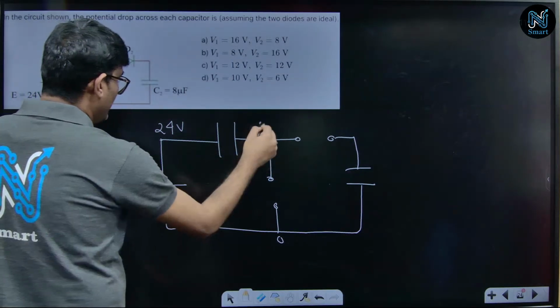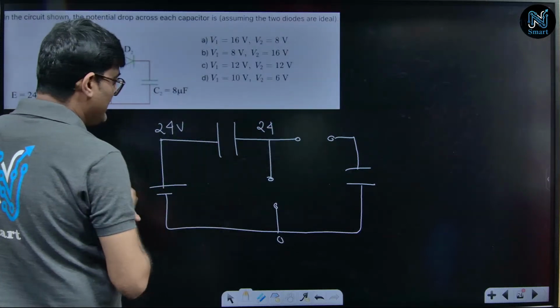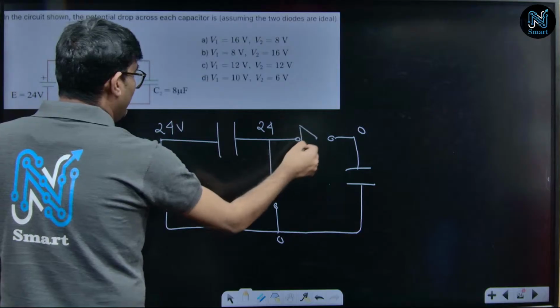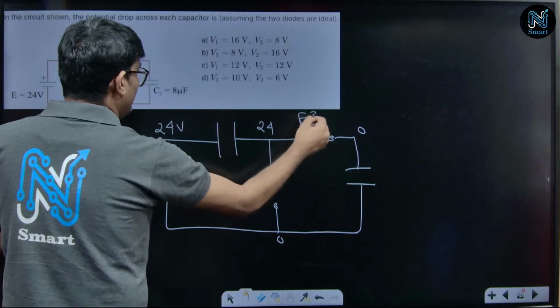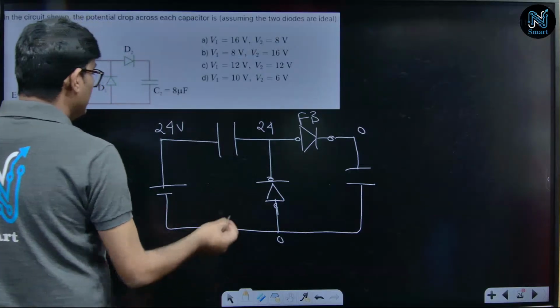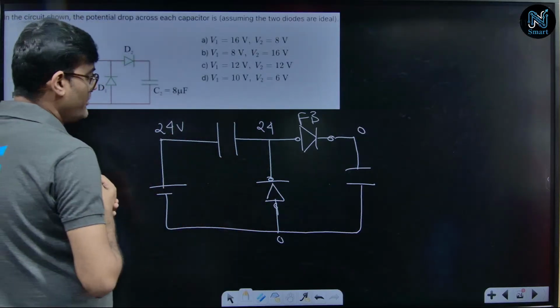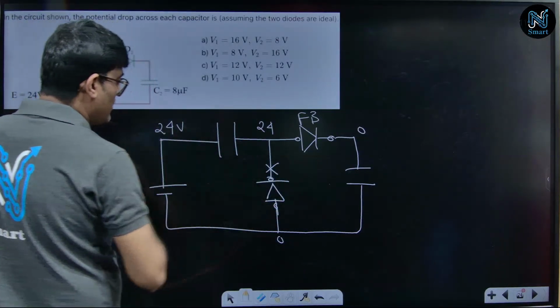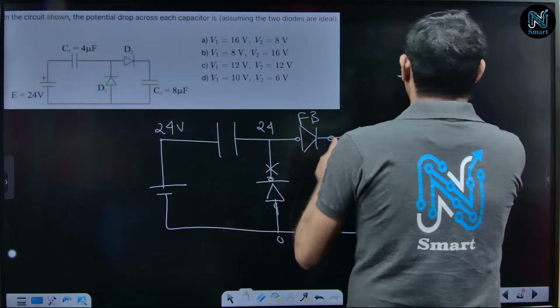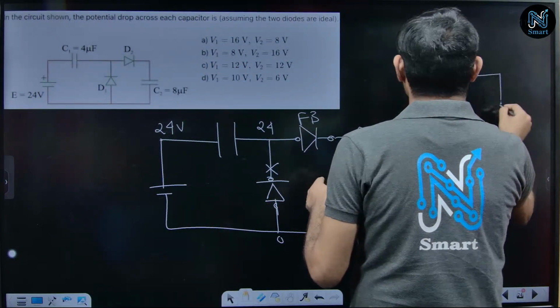So the potential here will be 24 volt also. In that case, this potential will be 0 volt also here, and this diode will act as a forward biased diode, and this diode will act as reverse biased. Can you see that? Because the negative terminal is connected with 24 volt, this diode will not conduct, and this diode will conduct. So my final circuit after removing the diode will look something like this.